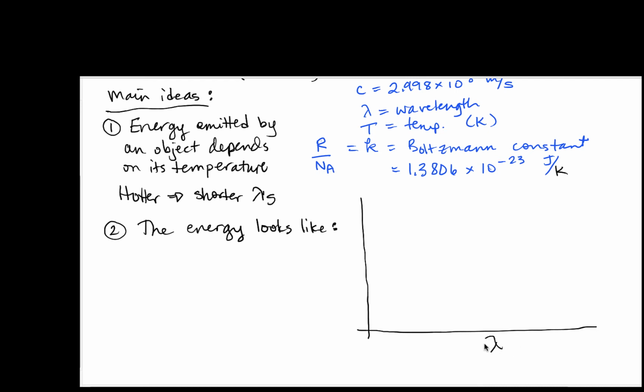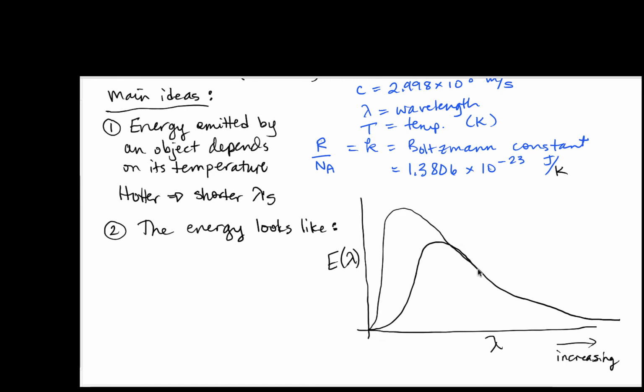So you can draw this in terms of the wavelength, which is what we have up above. You will also see some of these equations done in terms of the frequency. And what you'll get is basically this kind of curve that tails off on the long wavelength side. So this is increasing wavelength and therefore decreasing energy. And depending on what the temperature is, I don't know if these cross, probably.